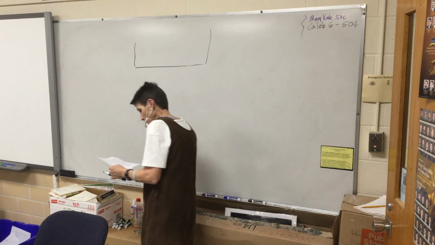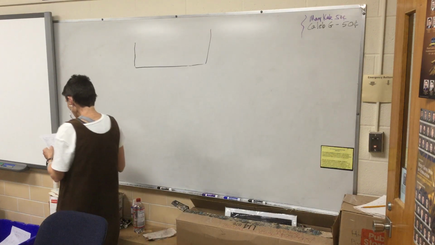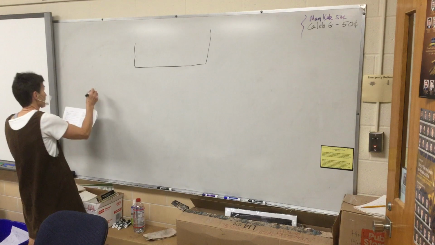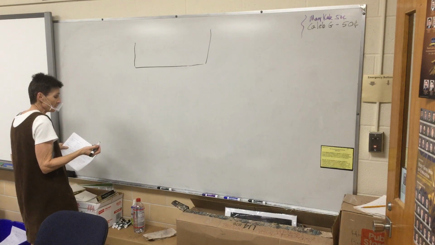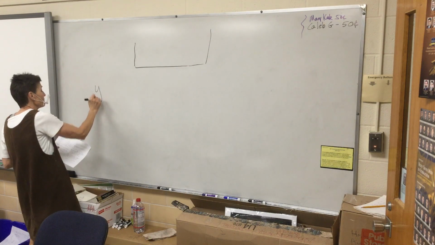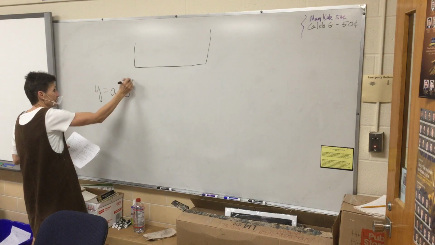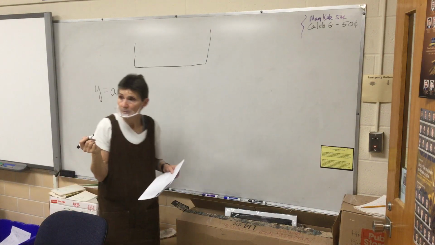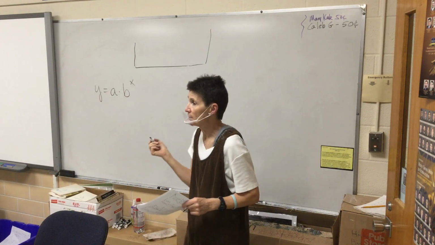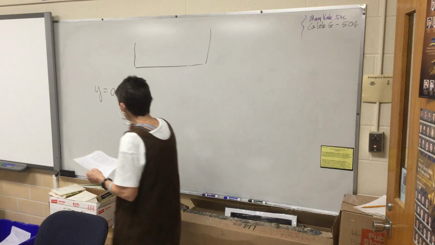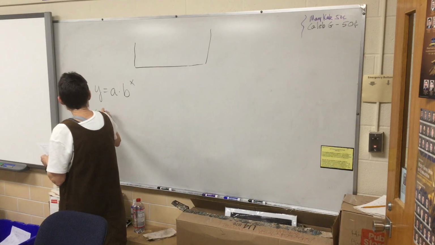Okay. Number 2 says, write the equation of the exponential. So when I say the word exponential, you should immediately think this. That's what an exponential is. You've been given 2 points.